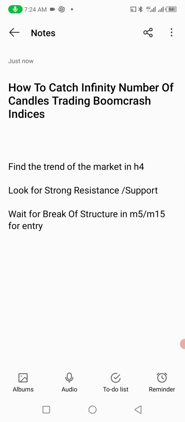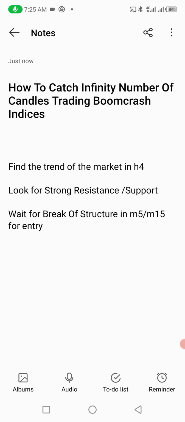Okay, so the first thing you need to do is to find the trend of the market in H4. Look for strong resistance and support. Okay, you are looking for strong resistance and support. You are looking for trend also.